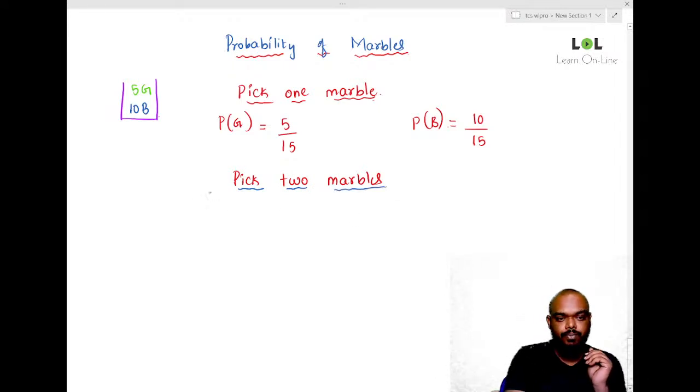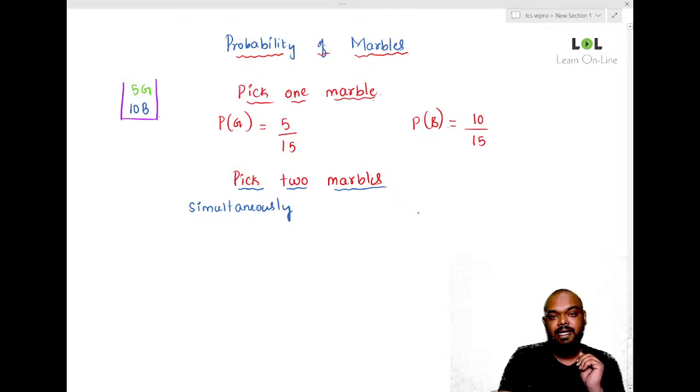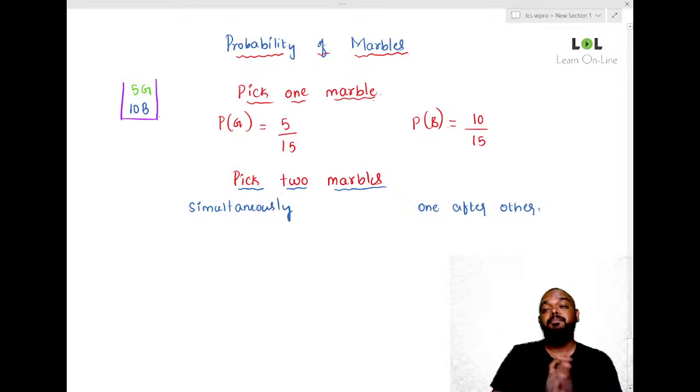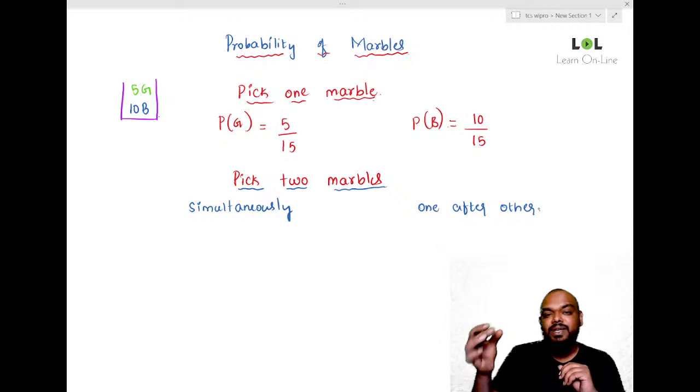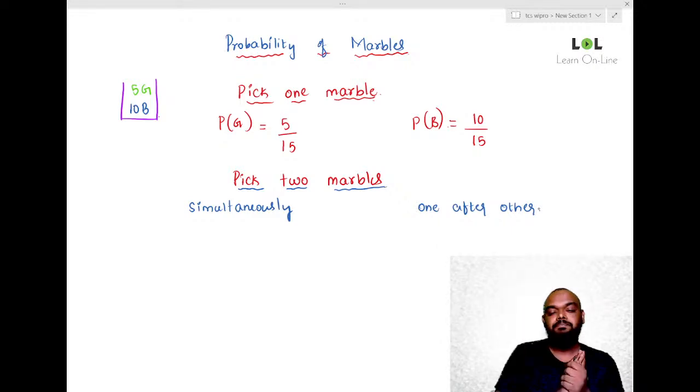You can pick all the marbles simultaneously, or you can pick one marble after the other. You can pick both the marbles simultaneously, or you can pick one marble first and then pick the second marble. So there are 2 cases here.